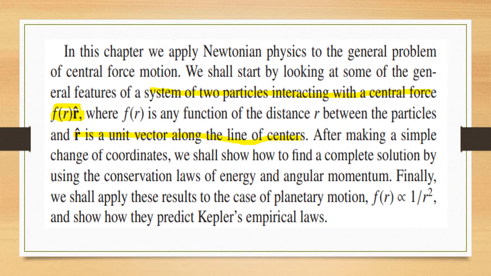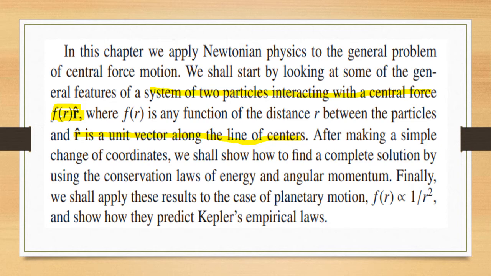It is between two particles interacting with a central force f(r), along the direction of r-hat, where r-hat is a unit vector along the line of centers. Okay, this will be studied in detail in this chapter.